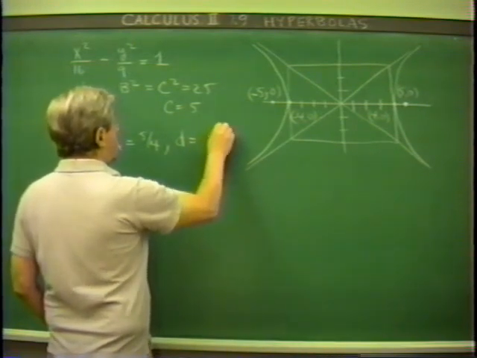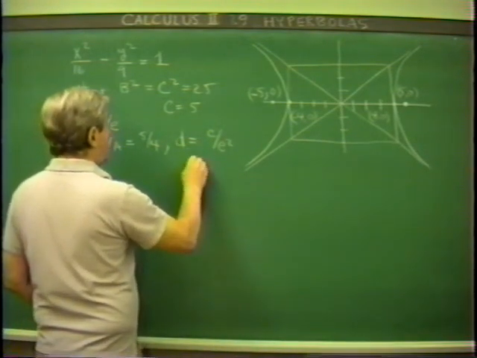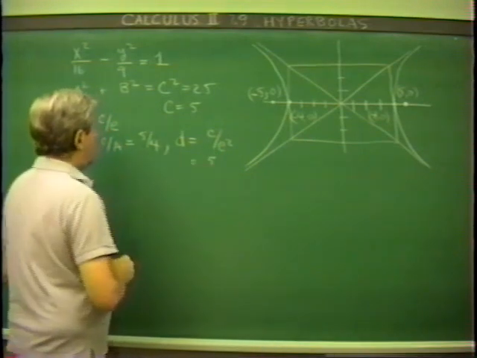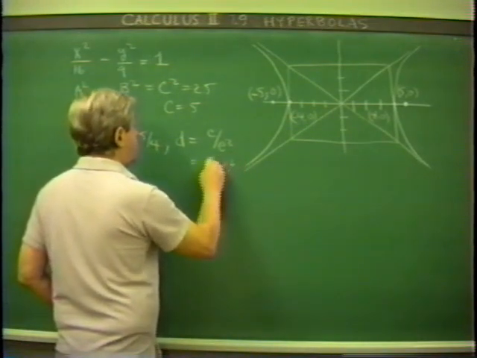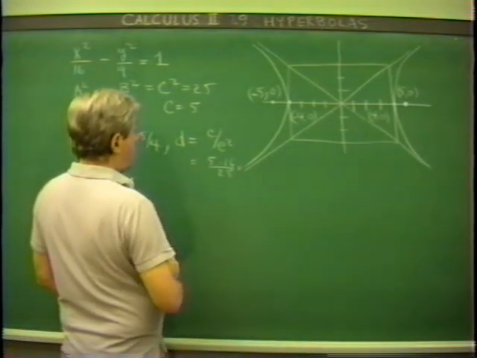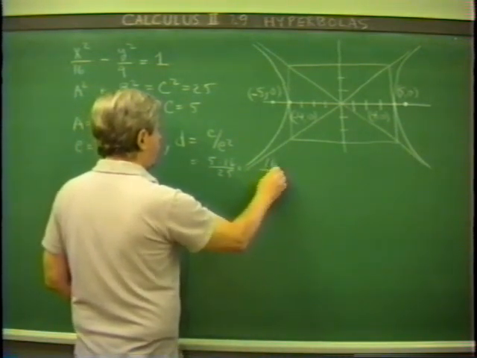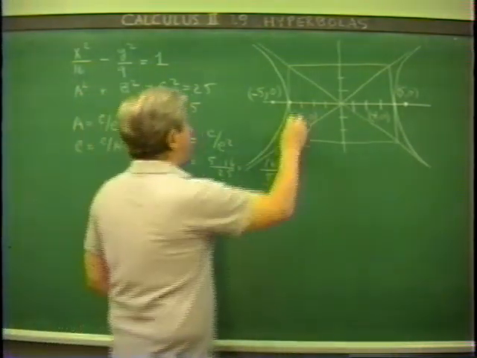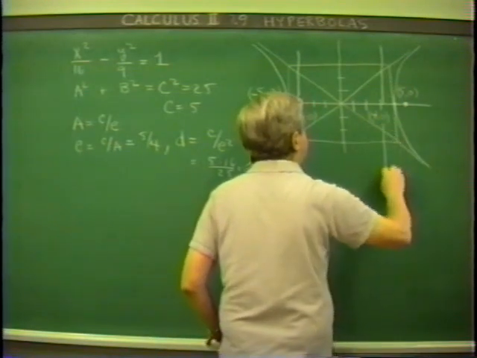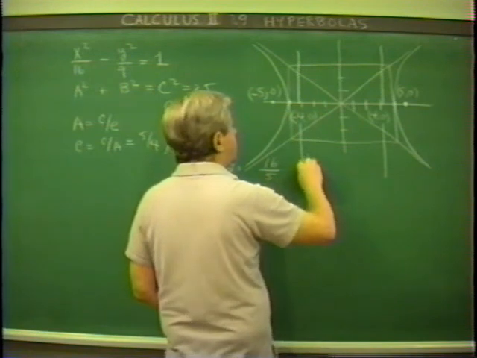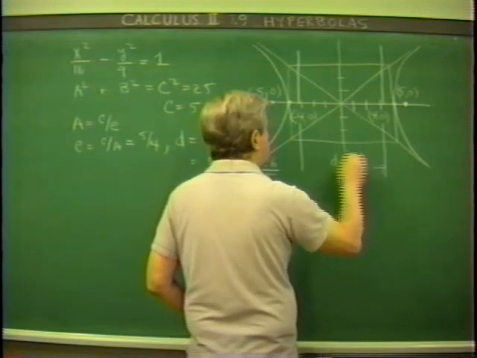And now d is equal to c over e squared, which is to say it's equal to 5 over 25/16. So 5 times 16 over 25. It's at 16 over 5, or 3 1/5. So right here is the directrix. I'll add 3 1/5 over here, and then similarly there's a directrix over here at minus 3 1/5.